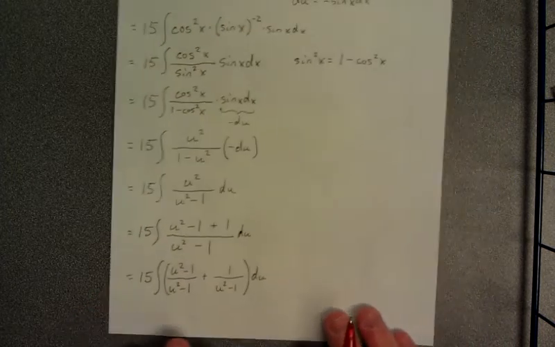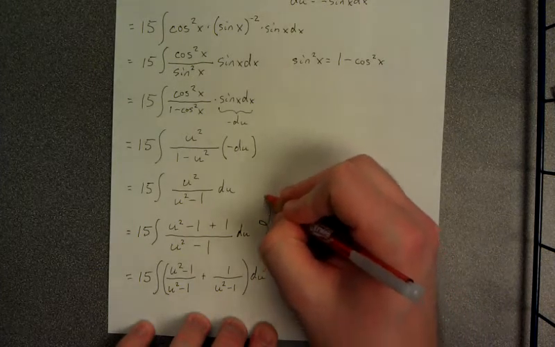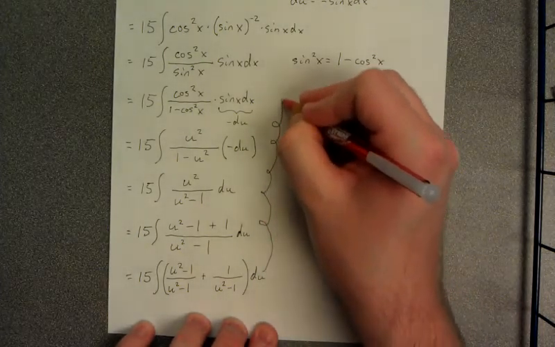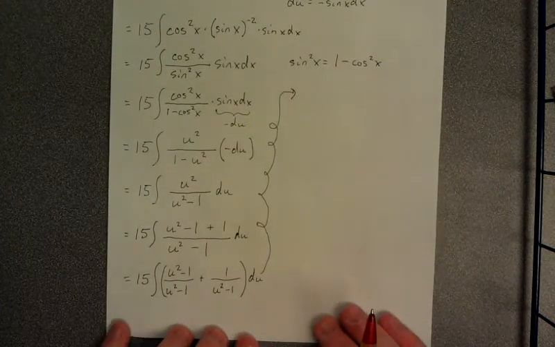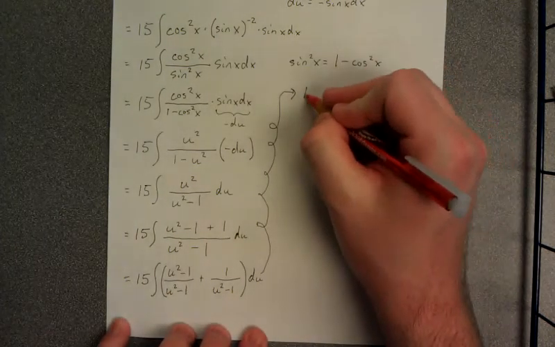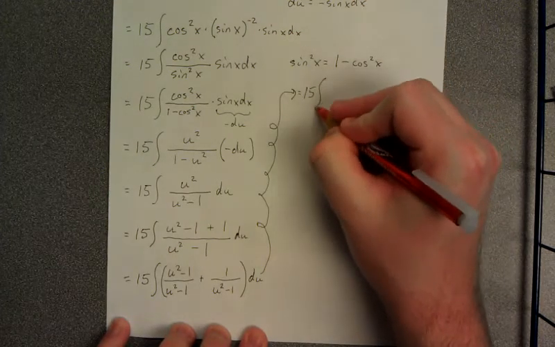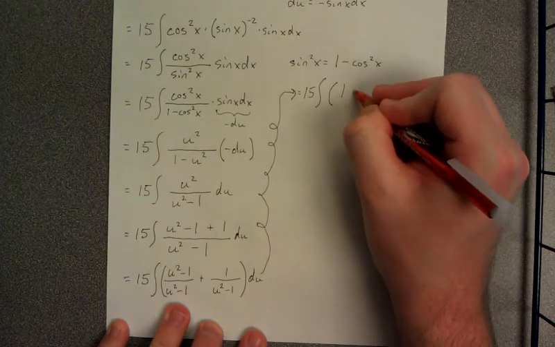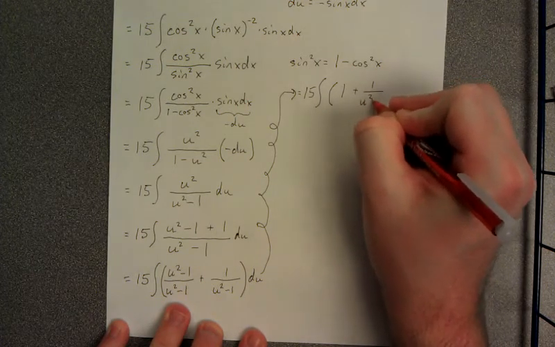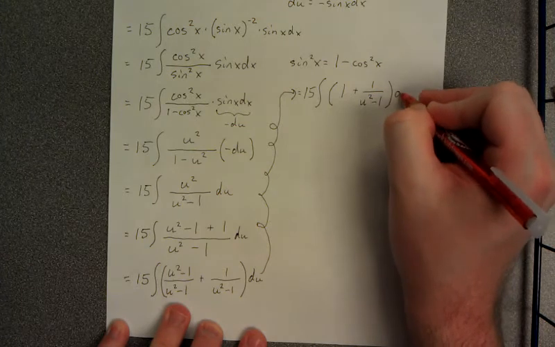Now from here, I'm going to head back up here, like so. I'm going to reduce that fraction down, and we'll refer to that fraction as 1 plus 1 over u squared minus 1.